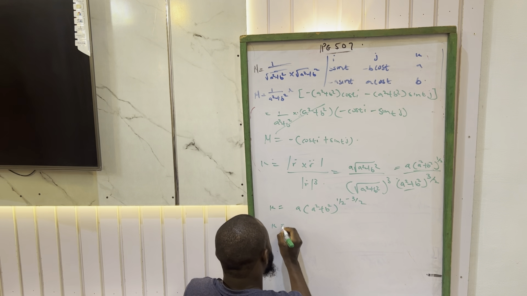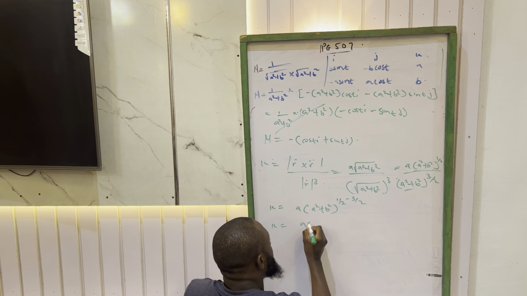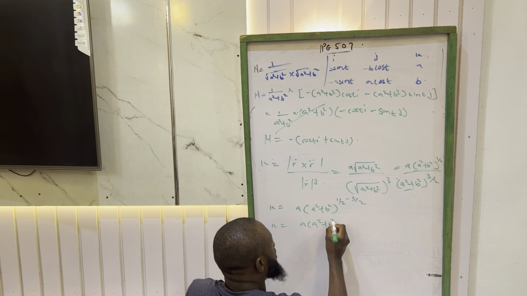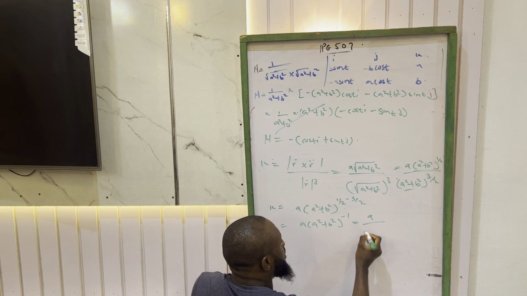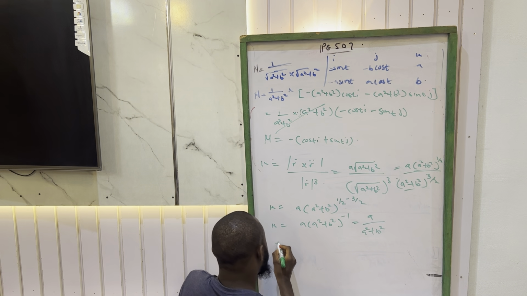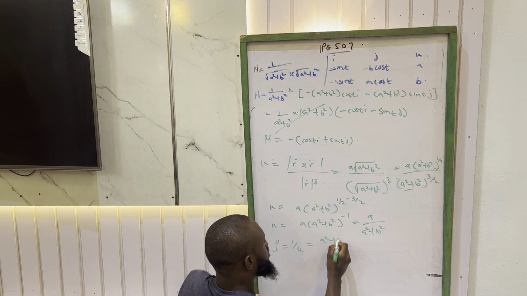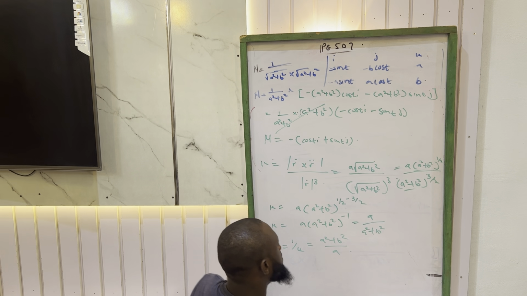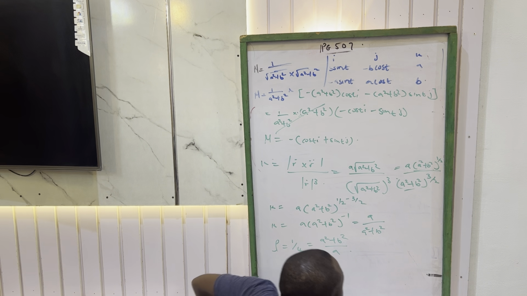So my k gives us, then you do this simple math, a open bracket a squared plus b squared raised to minus 1. So a over a squared plus b squared. So that's our k. And our radius of curvature is 1 over k. So that's a squared plus b squared all over a. So that gives us our radius of curvature and our curvature.